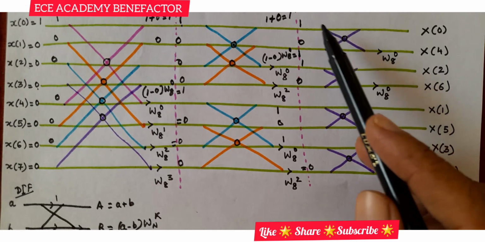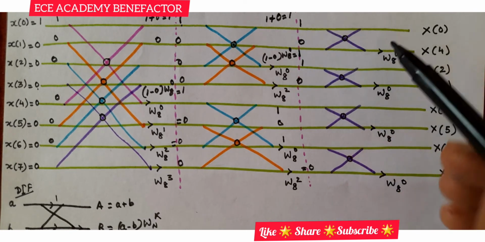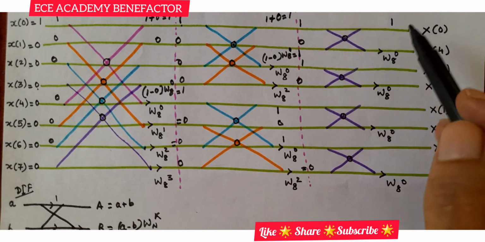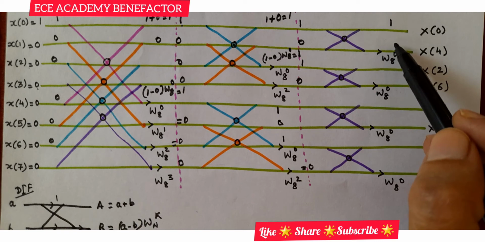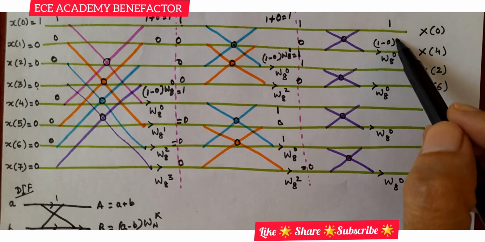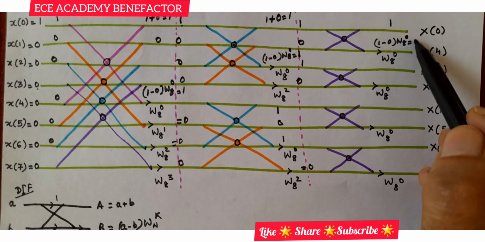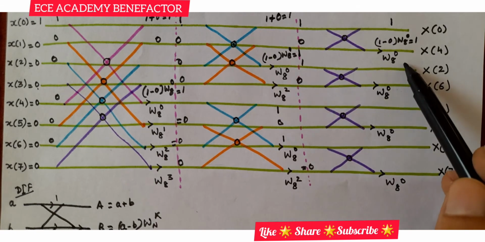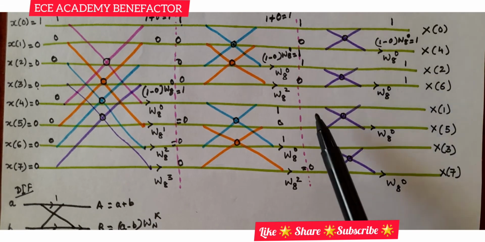Here for this butterfly, the input is 1 and 0. So what will be the output here? 1 plus 0, 1. And for the lower line it is 1 minus 0, W8 to the power 0, which will come as 1. So here the inputs are 1, 0. So again it will come as 1, 1. Input is 1, 0.